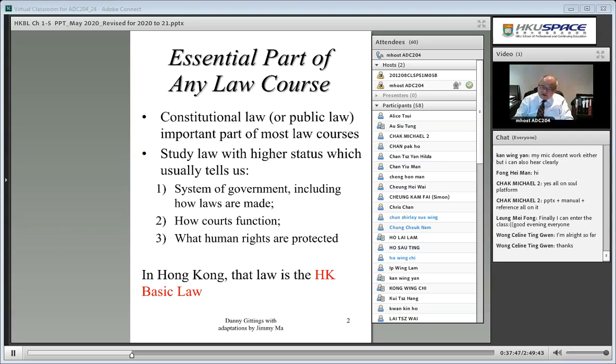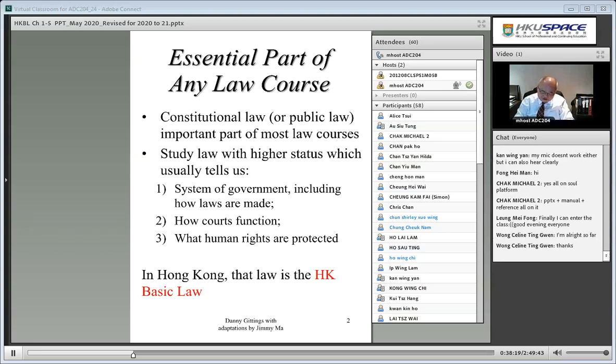And in particular, there is one article, Article 39, which provides that the International Covenant on Civil and Political Rights, and also the other covenant on economic, social, and cultural rights, are to apply to Hong Kong and be implemented through the laws of Hong Kong.